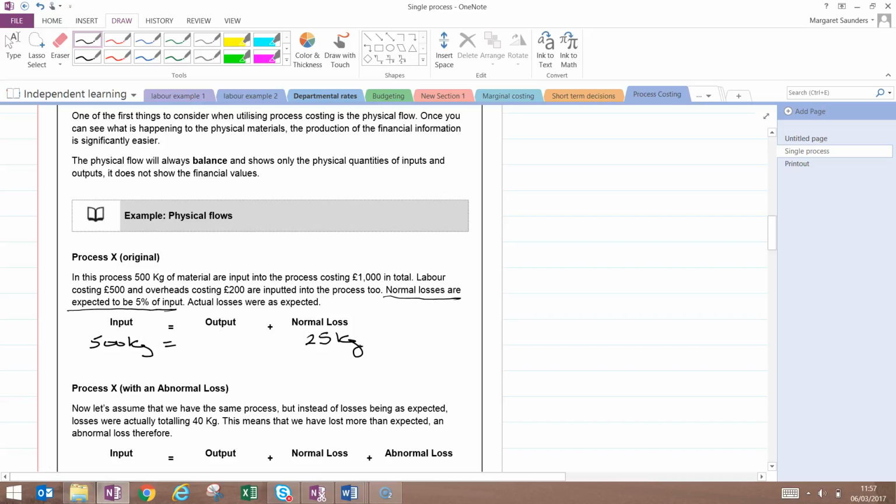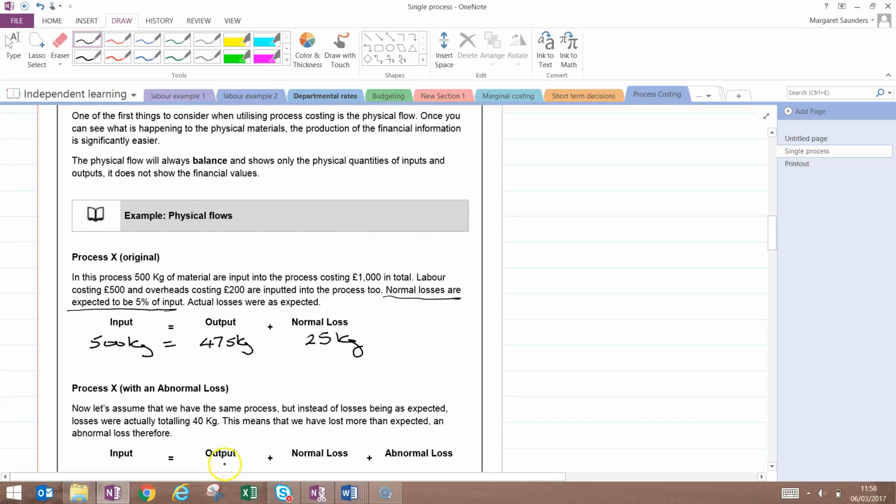Now in our physical flow, it has to balance. So whatever is on the left-hand side of the equal sign must be equal to everything that is on the right-hand side of the equal sign. So we have 500 kilos on the left-hand side. On the right-hand side, we have 25 kilos. So therefore, the output from this process must have been 475 kilos.